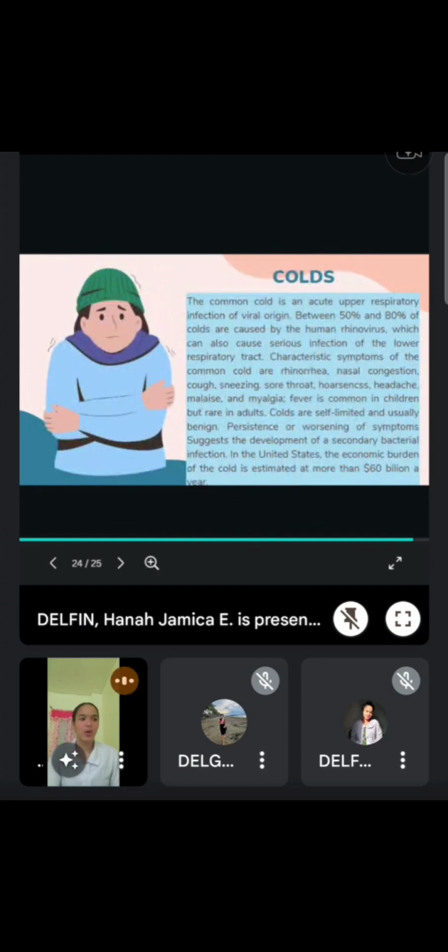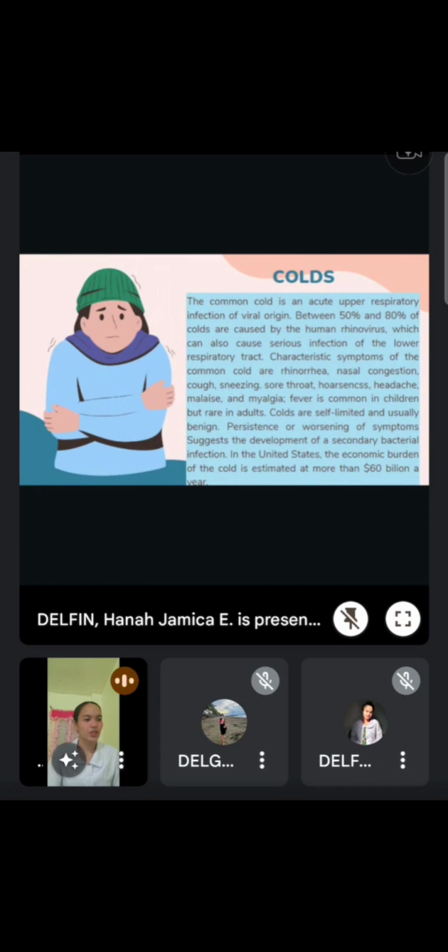Next is cold. The common cold is an acute respiratory infection of viral origin. Between 50% and 80% of colds are caused by the human rhinovirus, which can also cause serious infection of the lower respiratory tract.